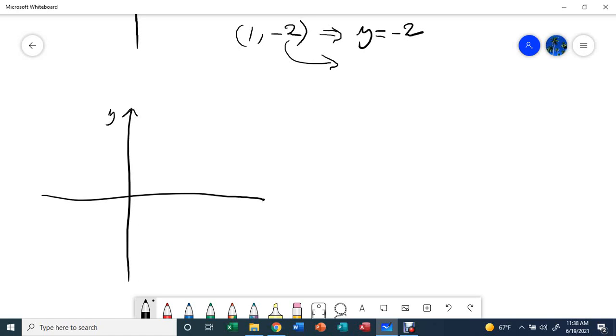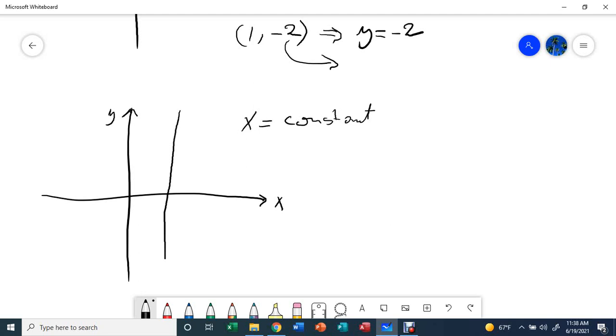So this is y, this is x. This is called a vertical line. And you can see here the y is changing, but x is constant. So the equation of a vertical line is x equal to a constant.